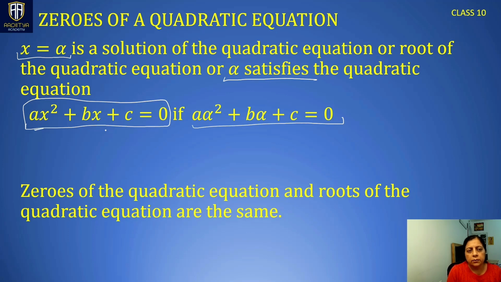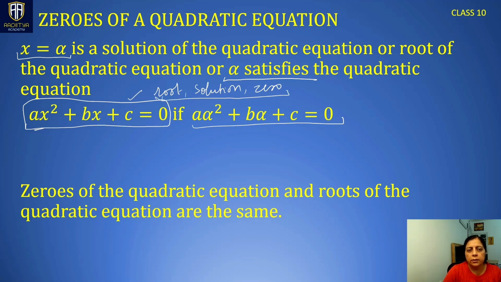Now compare this. See what we have done. Here ax square becomes a alpha square, plus bx becomes b alpha, plus c is 0. What do we understand from this? Root, solution or zero all mean the same thing, don't get confused.